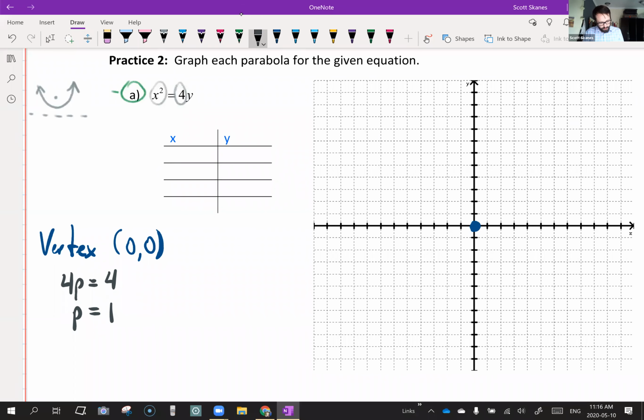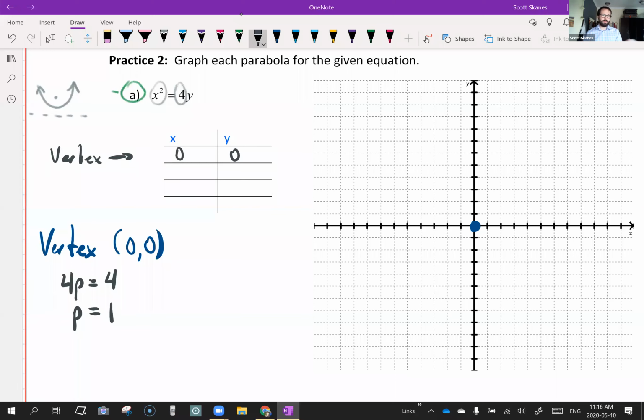My vertex I'll put in here. And now, I know I need to go left and right, and then it's going to be up there somewhere, but where exactly? So I need to check a few points. I need to put a point to the right of this, and a point to the left of this.